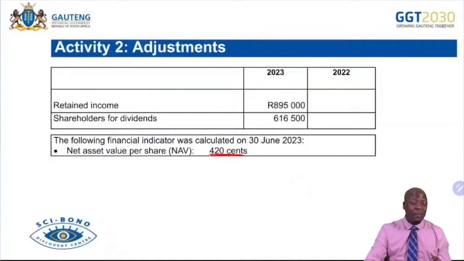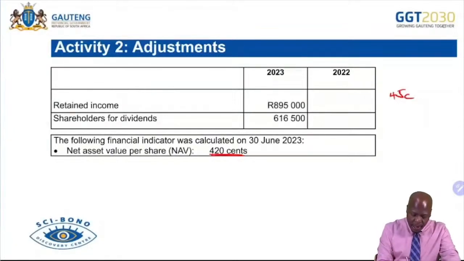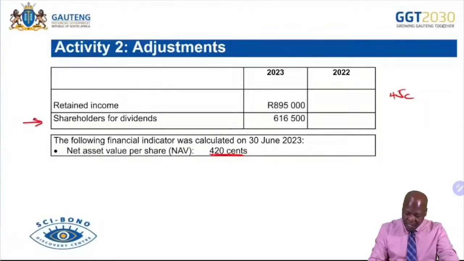In this question, the number of shares was not given. However, what they gave us is what I showed you in the previous adjustment, where they had given us the final dividend of 45 cents. And then they gave us shareholders for dividends.